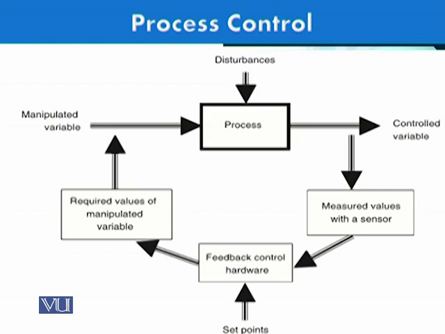These sensors measure these values against a set point already decided by the management, and this feedback is given back, maybe to the operator, as to whether these variables are out of control or within range. Then the required values of the manipulated variables are determined, the variables are changed, and we look back into the process to see whether that disturbance has gone or the variables are still out of control. So this is a feedback mechanism, and this diagram represents the flowchart of the overall feedback mechanism for an automated process control.